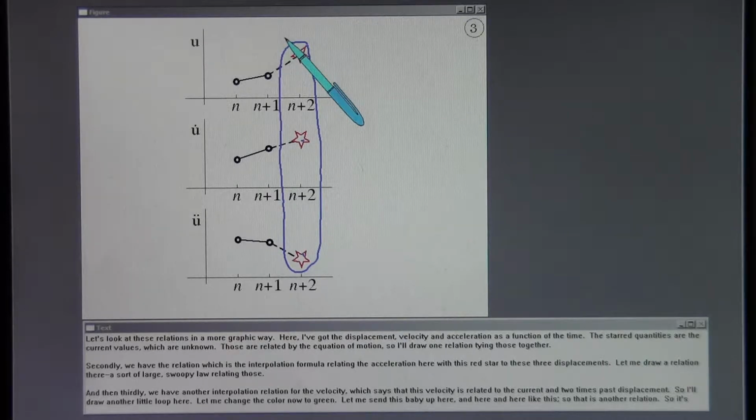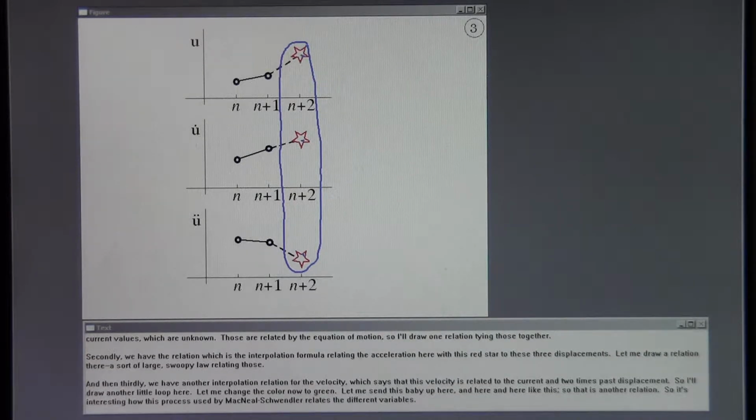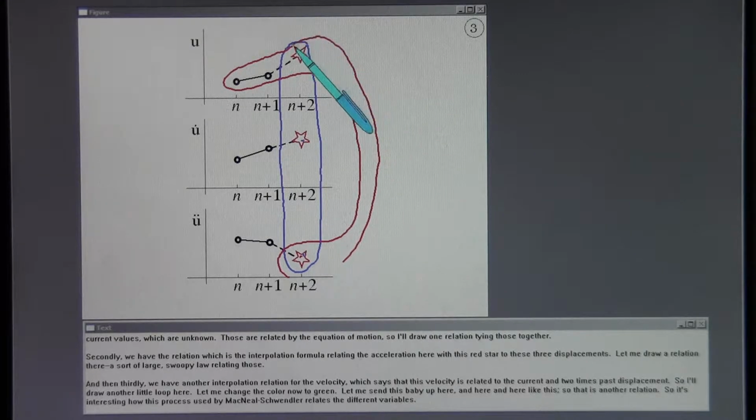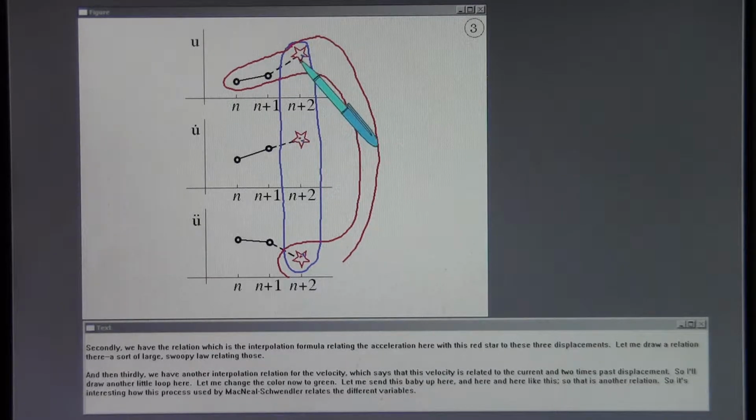Secondly, you have an interpolation formula relating the acceleration here, this red star, to these three displacements. Let me draw a relation there, sort of a large swoopy loop relating those. And then thirdly, we have another interpolation relation for velocity that says this velocity is related to the current and two times past displacement.